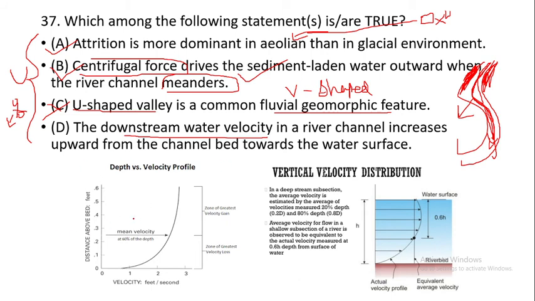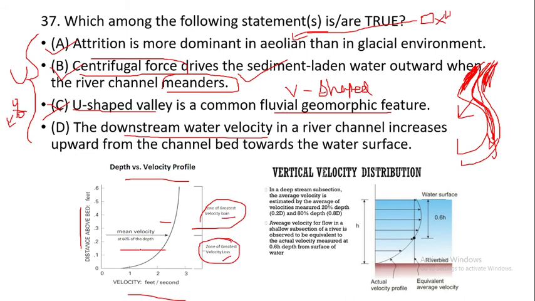So the best way to check this is this image, the depth versus velocity profile. Here you can see the distance given in feet, and the velocity in feet per second. Here you can see the mean velocity at 16% of depth, the greatest velocity, and here is a zone of velocity loss. Here is gain and here is loss.